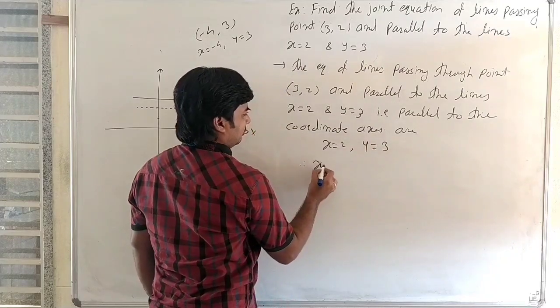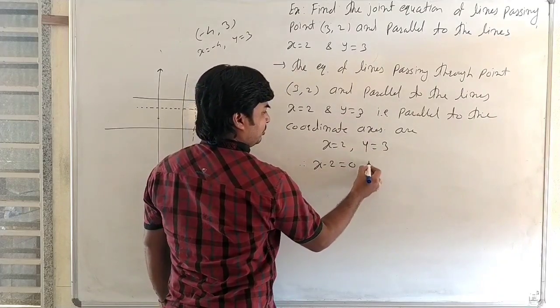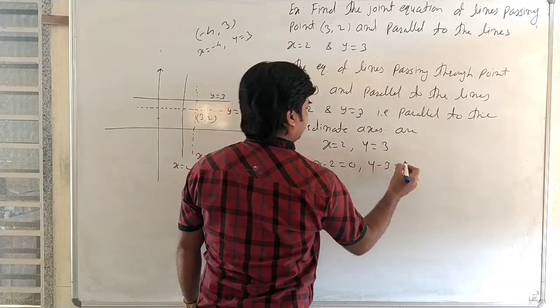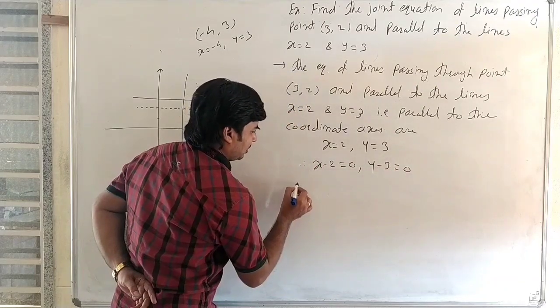Therefore, x - 2 = 0 and y - 3 = 0. Therefore, the combined equation.